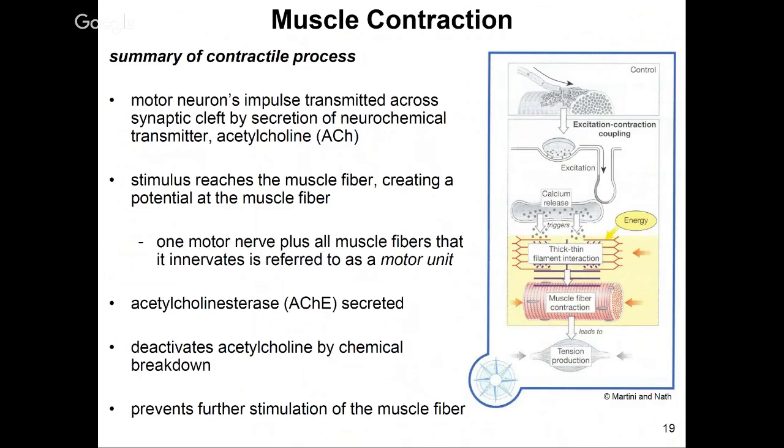Once the electrical signal reaches a synapse, the end of the neuron, where it's at its final resting place, that may be right at the muscle, it releases acetylcholine, and that is what continues to trigger the impulse in the muscle.